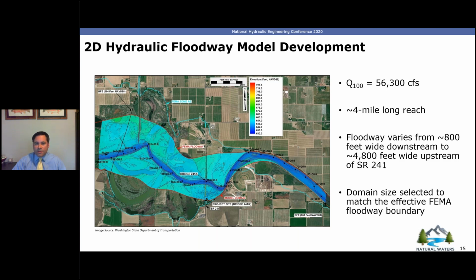In this case, we actually just trimmed the domain so there were no elements outside of that floodway boundary. And in this image, the floodway widths varied from about 800 feet downstream to about 4,800 feet upstream. So on the upstream end, it's almost half, or more than half, of what the floodplain widths were.